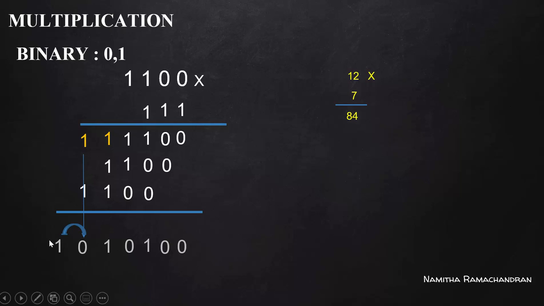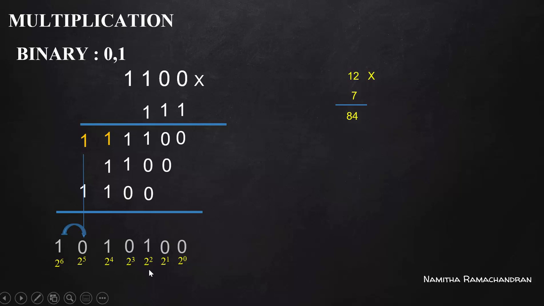Check whether this binary number is equivalent to 84 or not. The positions are 2 raised to 0, 2 raised to 1, 2 raised to 2, up to 2 raised to 6. These two terms are 0, so their products are also 0.